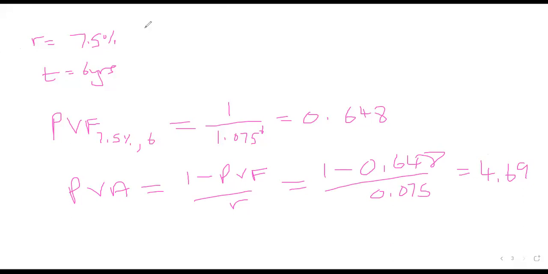Now, from time value of money, we know that semi-annually means 2. All interest rates, we divide them by the number of compoundings, and if it's a time, we multiply it by the number of compoundings. So semi-annual means what? 2.